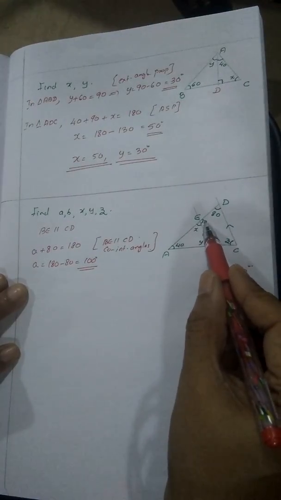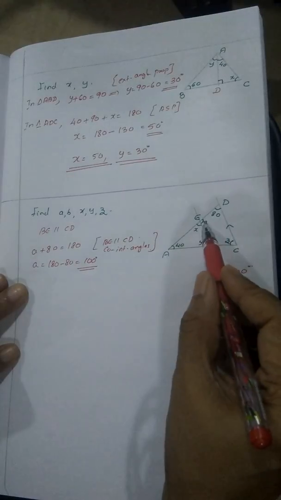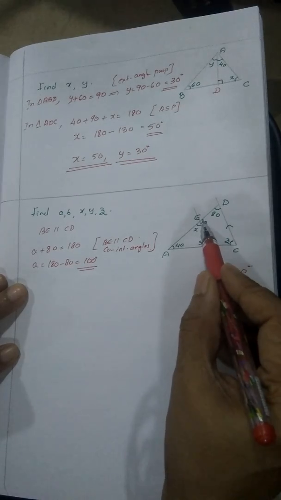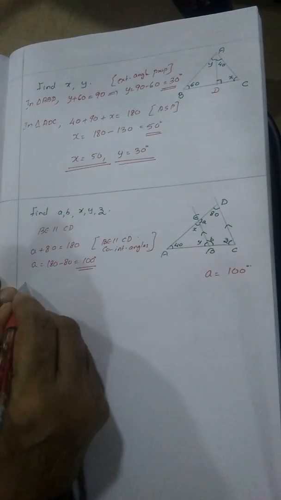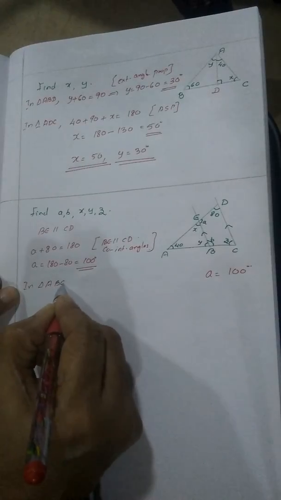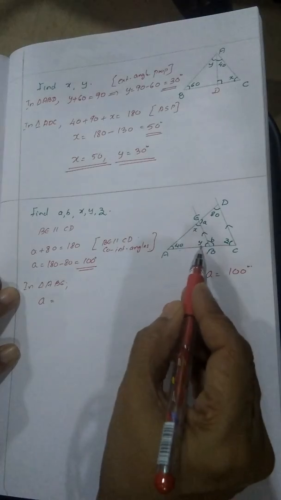Now this angle A is the exterior angle. When you consider this triangle, A is the exterior angle. So in triangle ABE, exterior angle A is equal to the sum of the interior opposite angles.